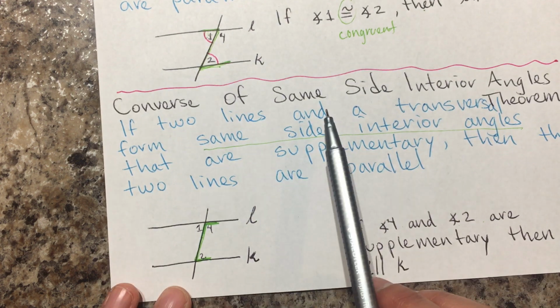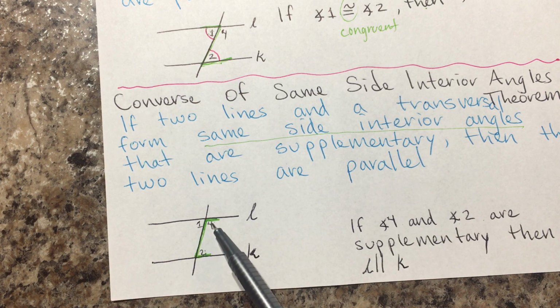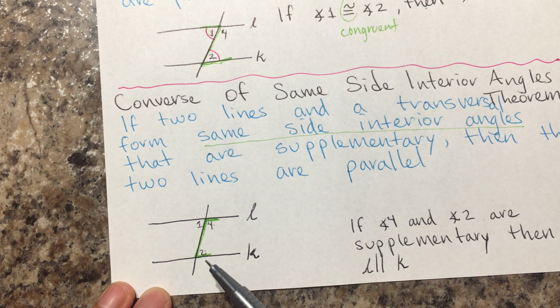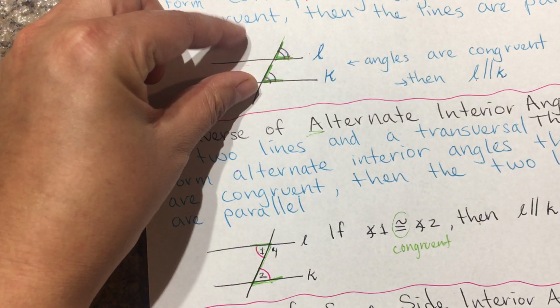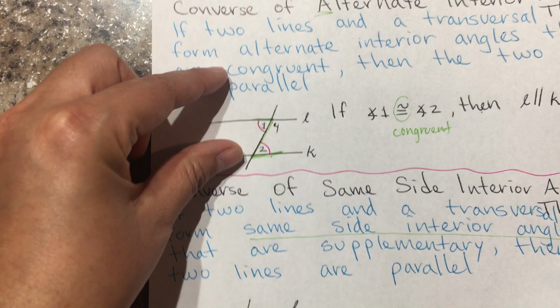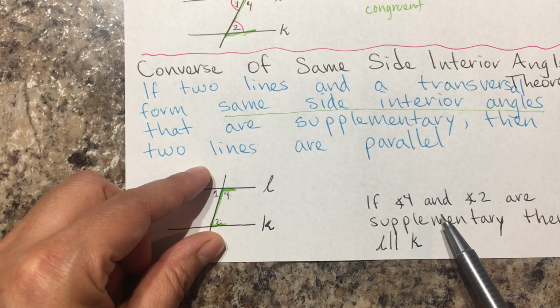In this one, same side interior angles, they are on the same side and they will never be the same measurement, well, only if there are 90-degree angles, but otherwise they will not be the same size like the other two. These are the same measurement, but for these ones, they add to 180.